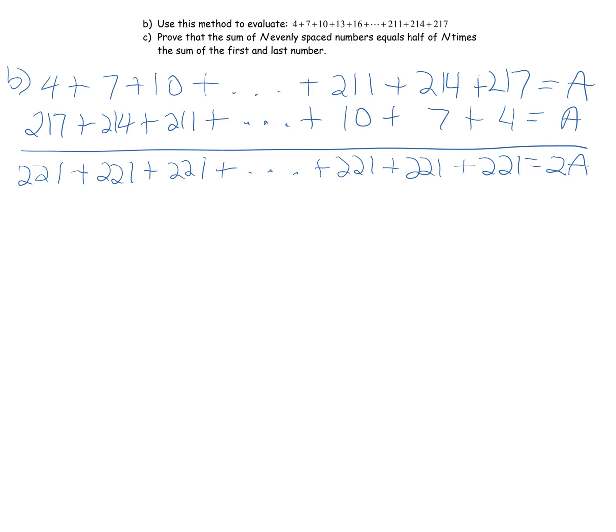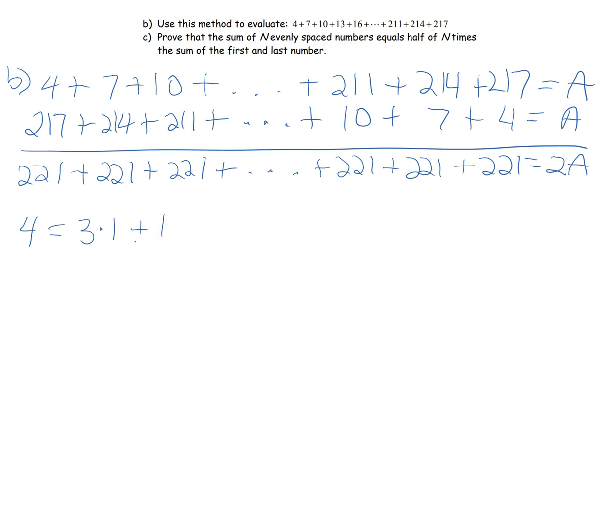So the answer solutions for this problem gave one way of figuring out how many numbers we're adding up, and that's by seeing that there's a pattern where to get the first number 4, we're taking 3, our gap, times 1, and adding 1.